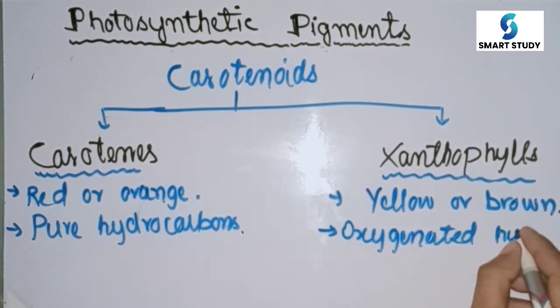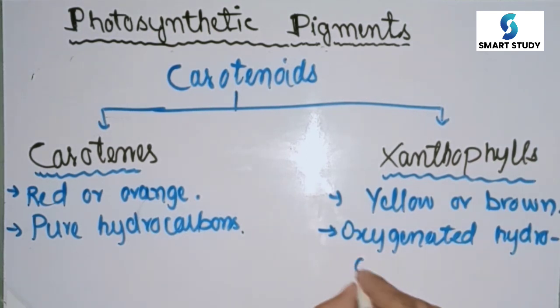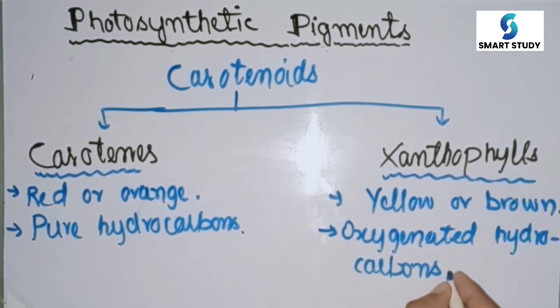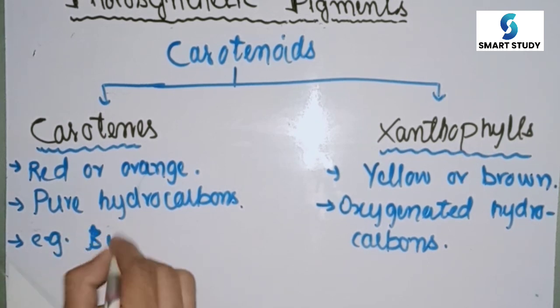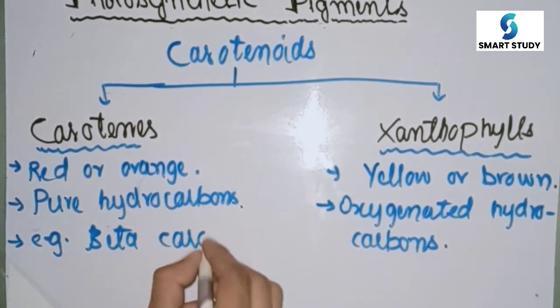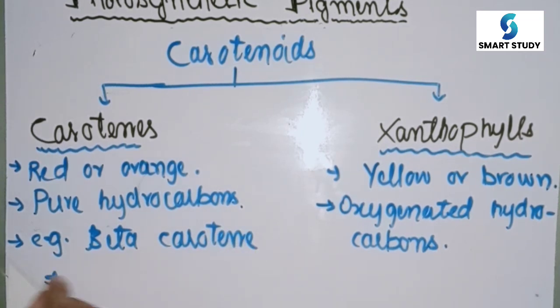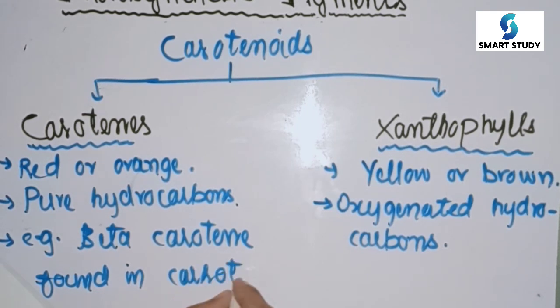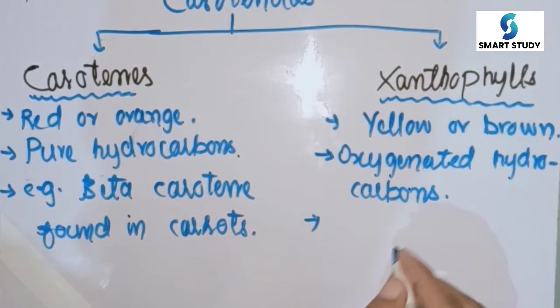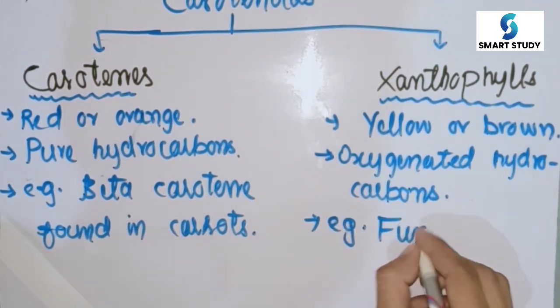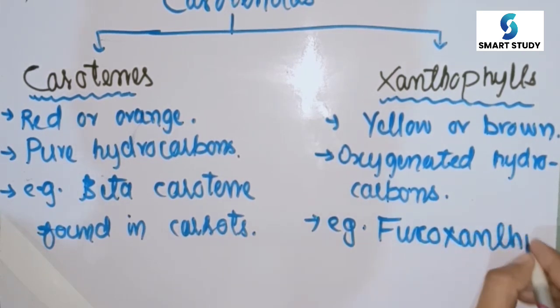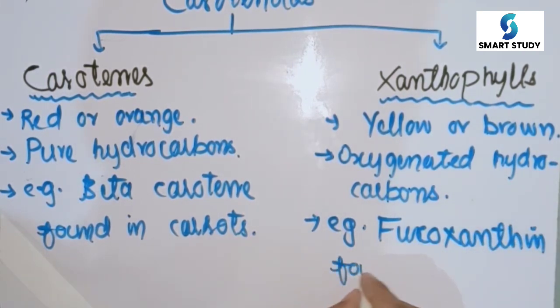The most common example of carotene is beta carotene, which is found in carrot. The most common example of xanthophyll is fucoxanthin, which is found in brown algae.